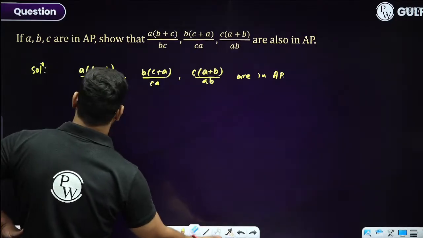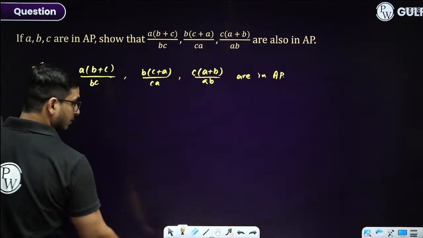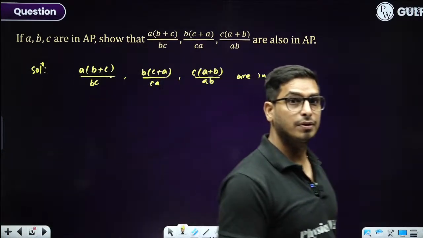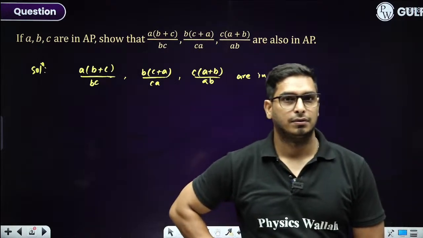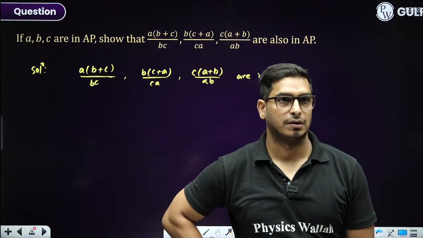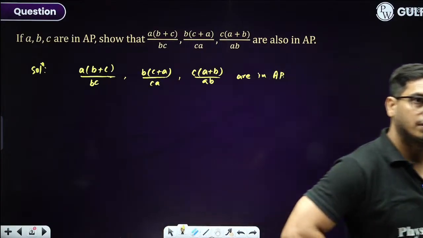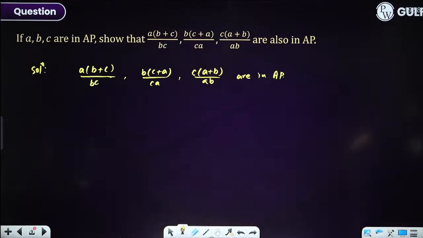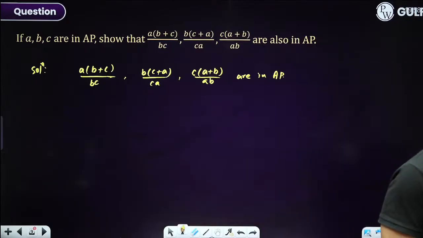Okay, see what I've written in the chat. Scroll. I think if we do that, we will get A into B plus C by BC.